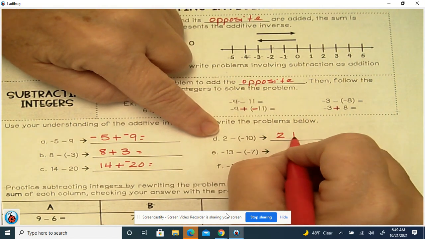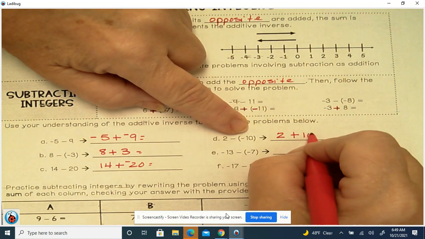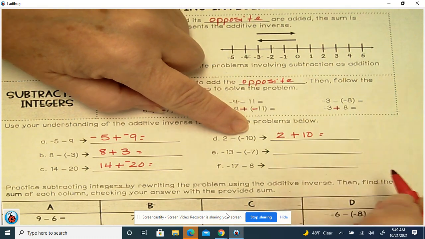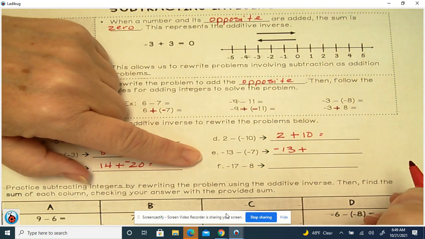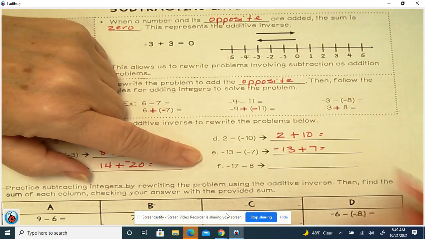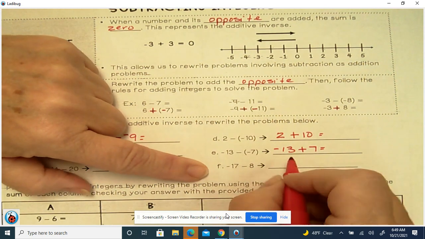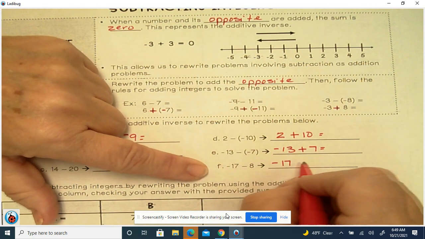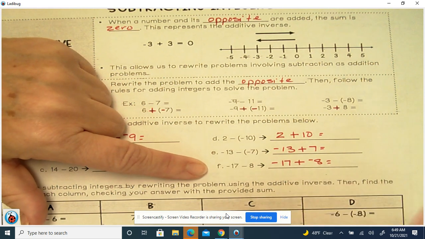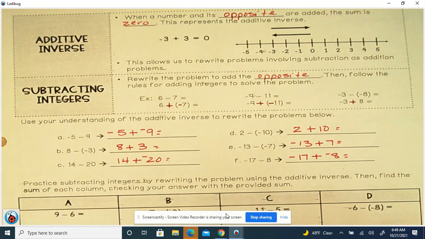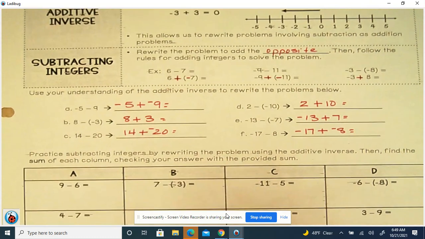Keep the 2, change the minus to a plus, change the sign of next. Keep the -13, change the minus to a plus, change the sign of next. Keep the -17, change the minus to a plus, change the sign of next. Then all you do is add them up as if it were a plus.